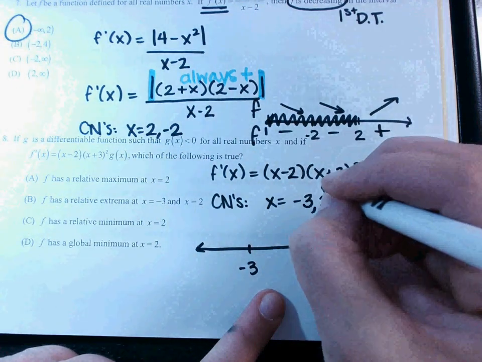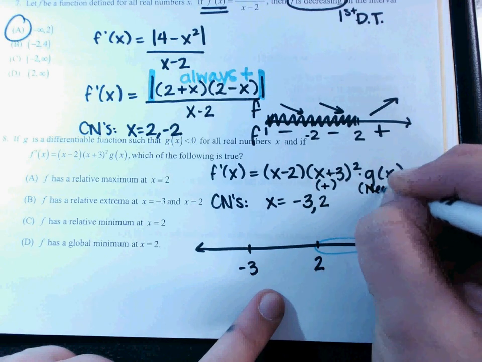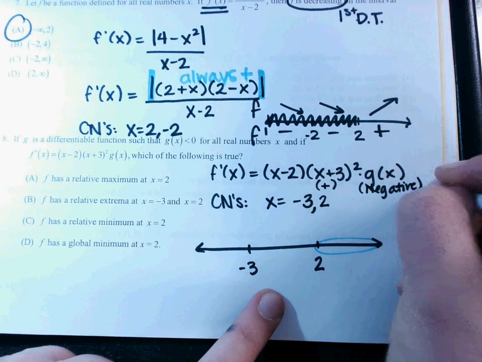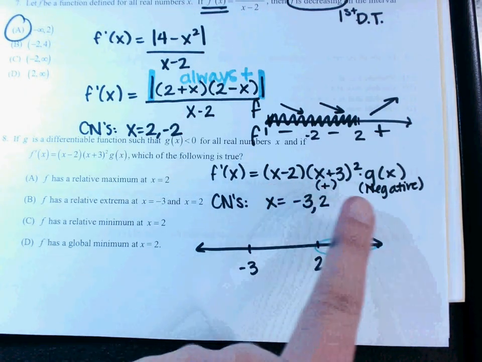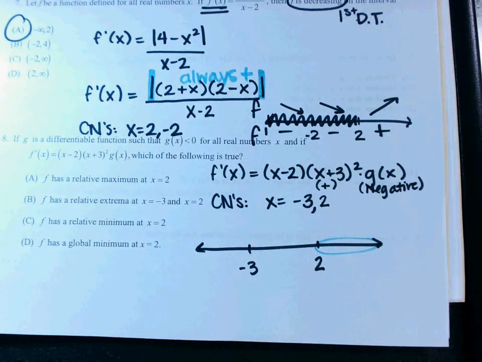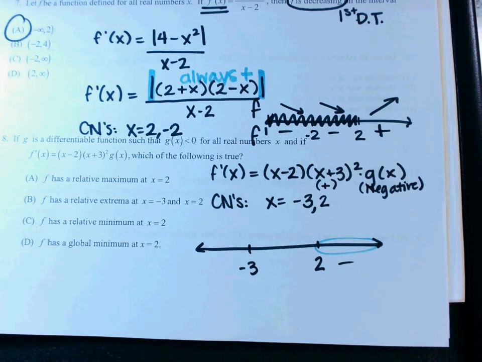So this term is always positive, but this term is always negative, because they told you it's less than 0. So if it's a positive times a positive times a negative, that makes that interval negative, yeah? Okay, now do the other two, and then pick your answer. But remember, your g of x is always negative, because it had told you that.